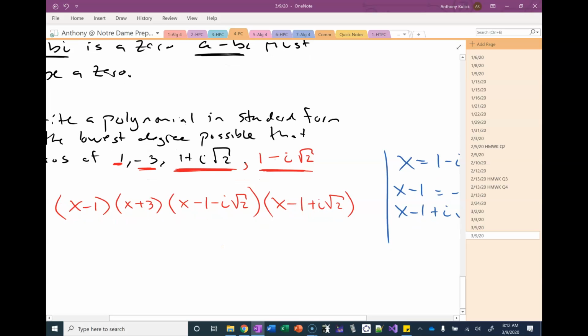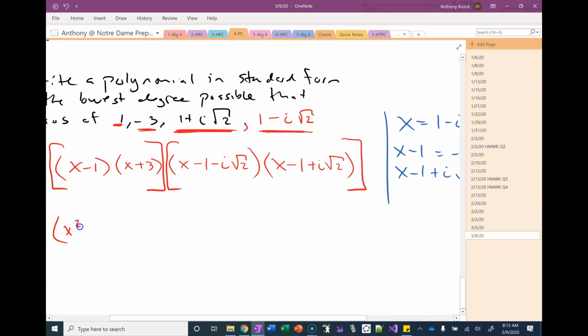Okay. So let's FOIL some stuff out. I'm going to FOIL these two together and then those two together. I always like to FOIL the complex conjugates together because the result is that I'm going to get just integer coefficients afterwards, which is better than having all the i's rattling around in there.